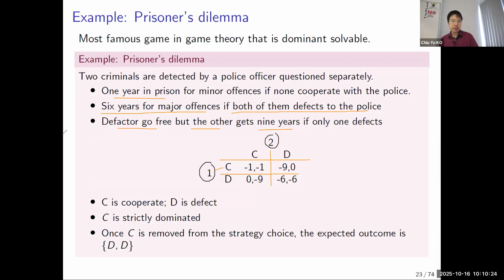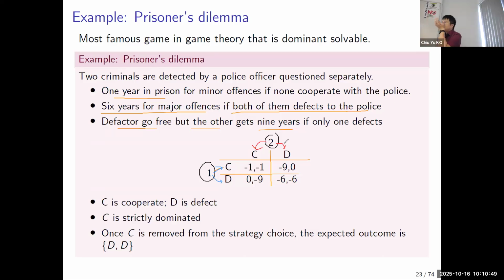Player 1 has access to 2 strategies represented by the rows, and in the rows we have C and D, so that is the 2 possible choices. And player 2 also has 2 possible strategies. And the last thing is the payoff function.